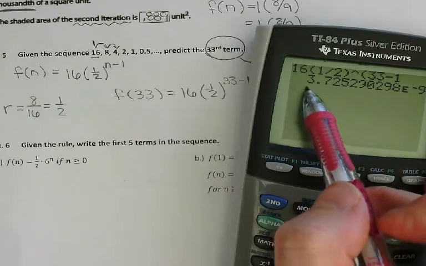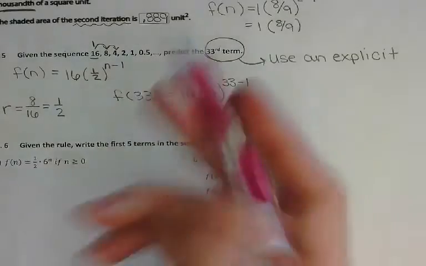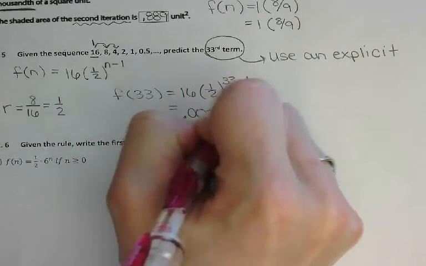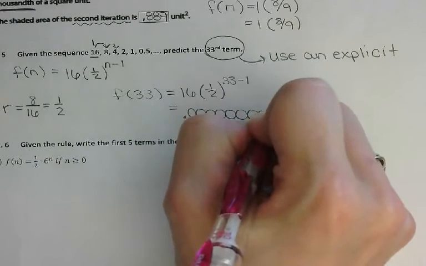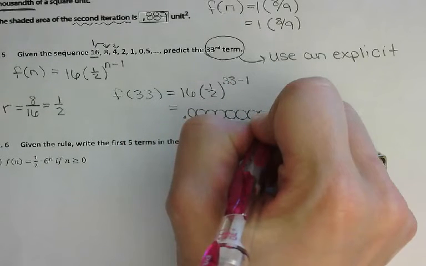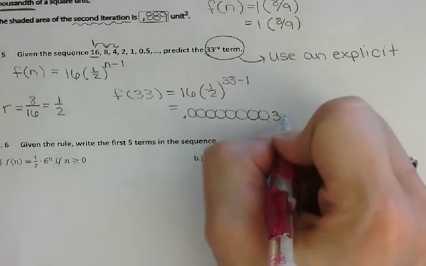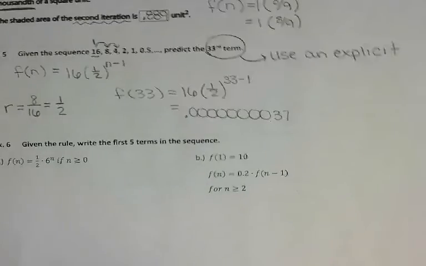So I'm going to move it over 1, and then I need 8 more zeros in front of it. So we get 1, 2, 3, 4, 5, 6, 7, 8, and then we had the 3, 7. We'll just leave it at that. Didn't tell you how to round.